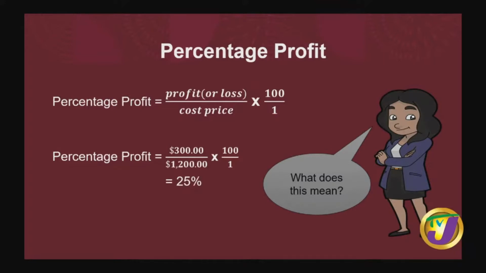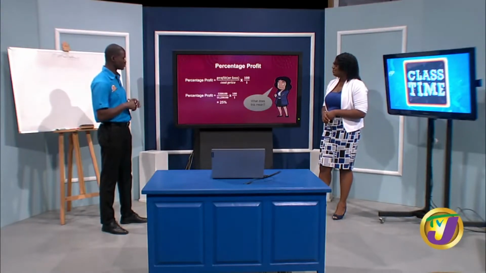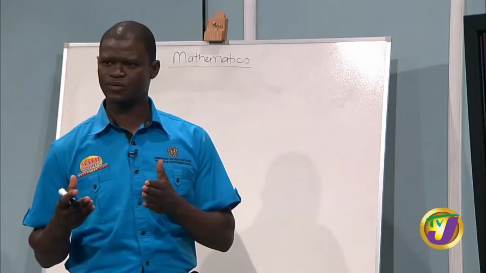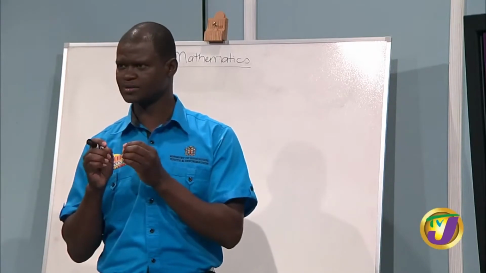25%. What does that mean? That is what Margaret is asking. What does 25% profit mean? As we made mention before, profit percent is in terms of how much profit you make on every $100.